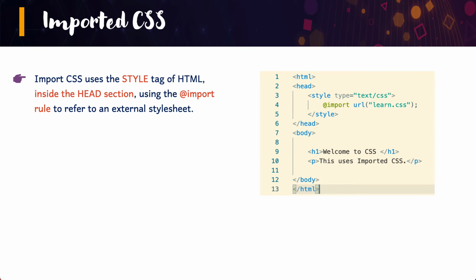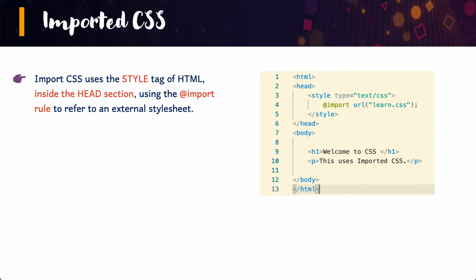The last mechanism is called imported CSS. Imported CSS is like the external CSS, in the sense that we refer to a different CSS file, and the CSS is not defined as part of the HTML.